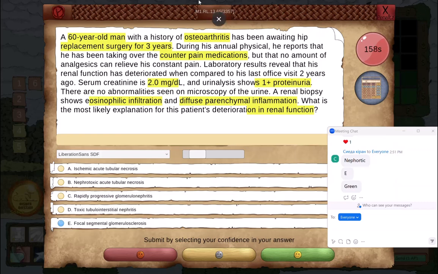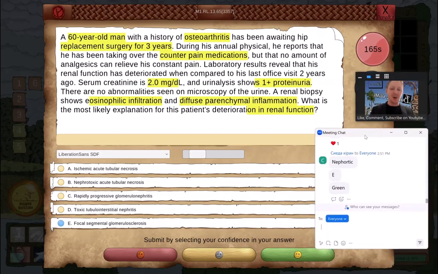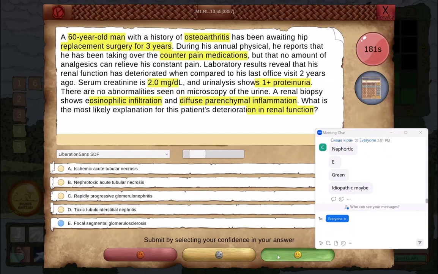It's okay if you don't know and you're just saying, look, I don't know what's causing it, but I know that it is FSGS. Do you have an answer to that? You can say, I don't know. You've got to give me idiopathic, maybe. Okay. All right. So green, let's see if it's the answer.